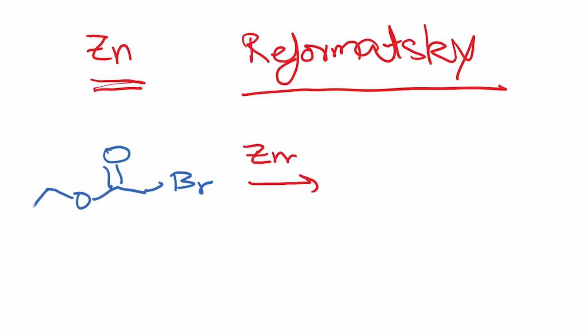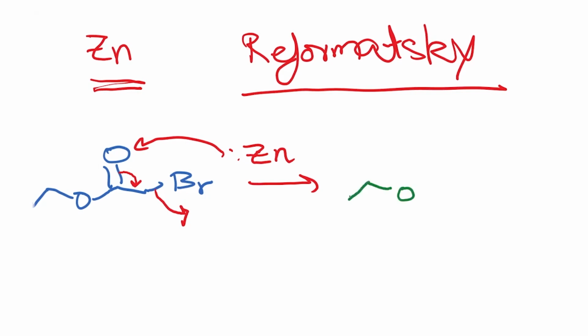Zinc, being a metal, is a source of electrons, and it can add a pair of electrons to the carbonyl. One way to consider this is that the pair of electrons from the carbonyl can move and kick out the bromide. So this kind of reaction can in principle occur.